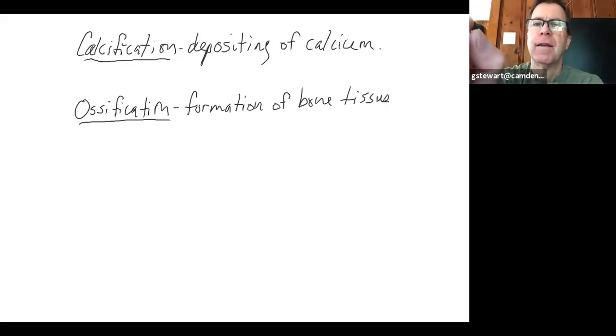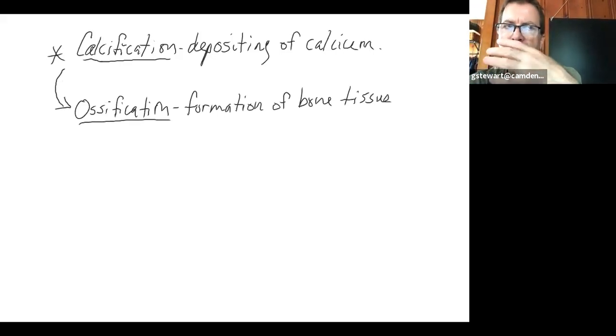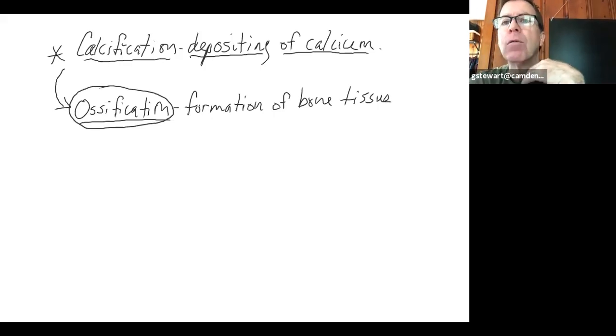We need calcification as a major ingredient for ossification to occur. I'll say that again. Calcification, the depositing of calcium, is a major ingredient for this process to actually occur. So we can't make new bone without calcium being deposited into the area where we want to make new bone.